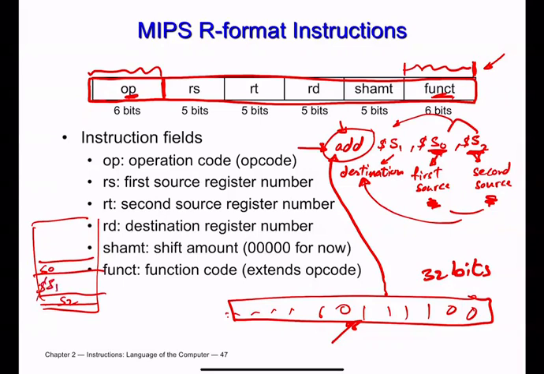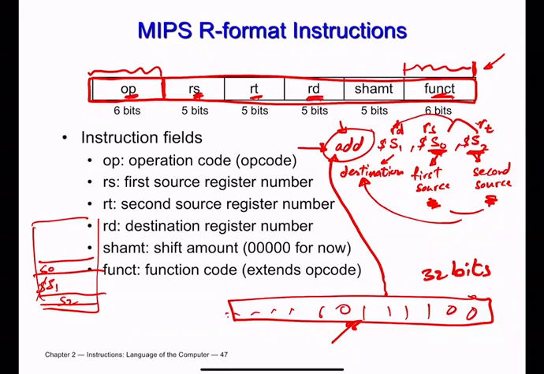So actually, I have to mention, please go to S0, and then go to the second register, and then put the destination in another register. I will call the first source, S0, RS, which is here. I will call the second source RT, which is here. And then I will refer to this as the destination register, which is here.